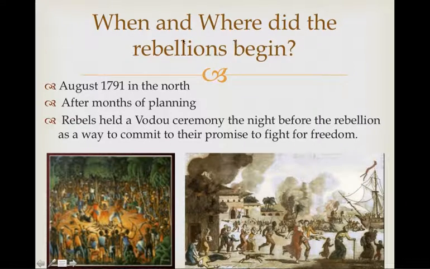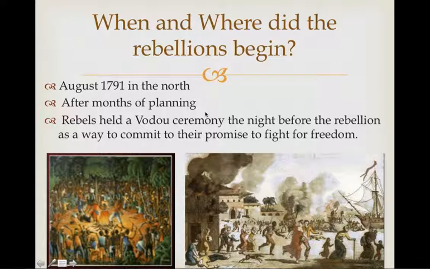When and where did the rebellions begin? So when is August 1791, and they started in the northern part of Haiti, and this was after months of planning. And a very cool thing that they did was the night before the rebellion, as a way to commit to their promise to fight for freedom, they got together and they had the voodoo ceremony.